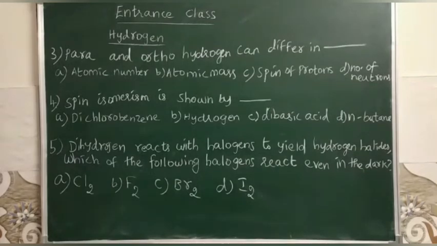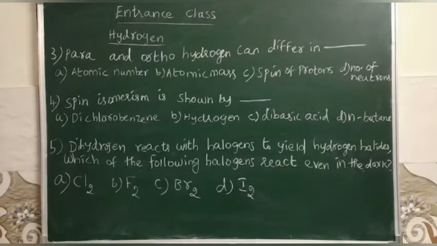Whenever molecular hydrogen is formed, two hydrogen atoms combine to form a hydrogen molecule. So whenever H2 is formed, the spin of protons is in the same direction or in opposite direction. If the spin is in the same direction, it is ortho hydrogen. If the spin is in the opposite direction, that is para hydrogen.